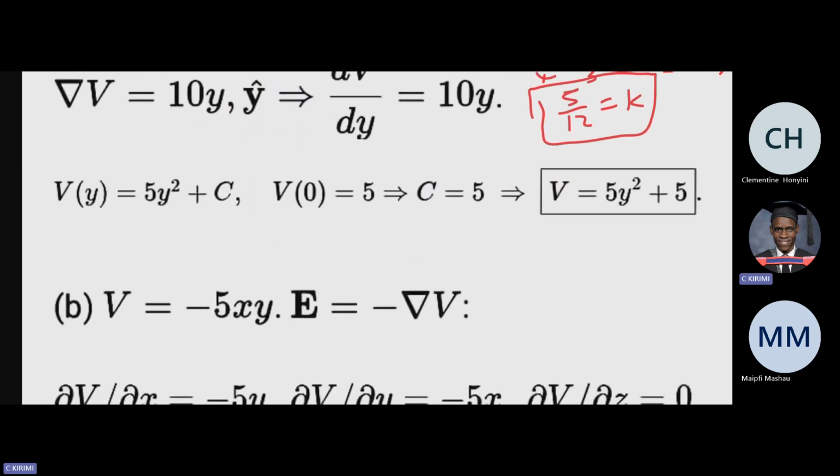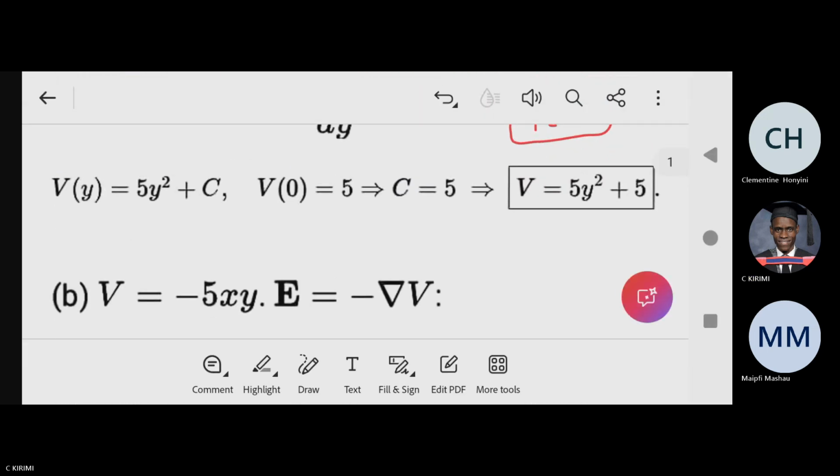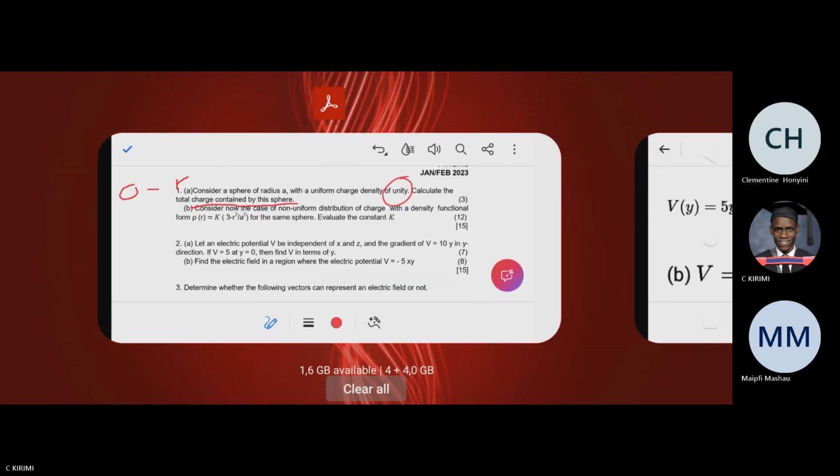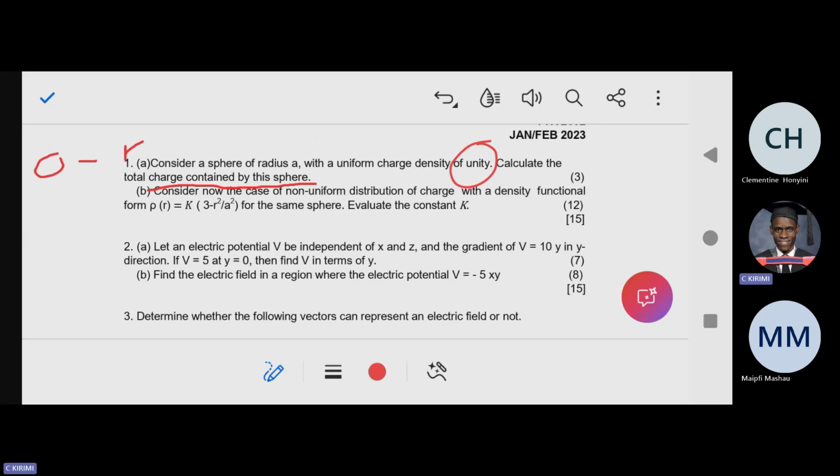Then for B, it's saying let the electric potential V be independent of x and z, and the gradient of V is equal to 10y in the y direction.